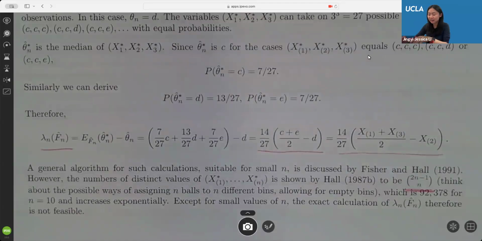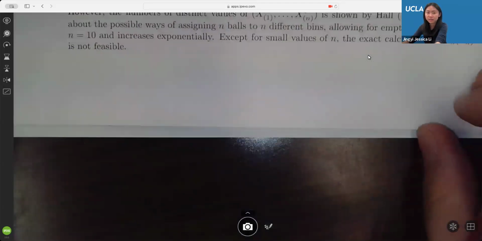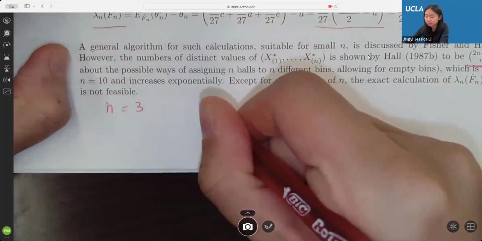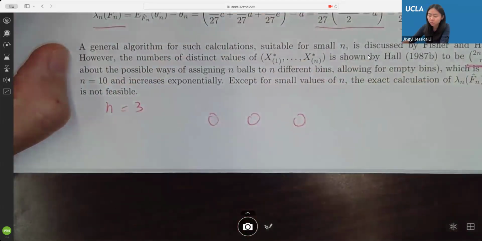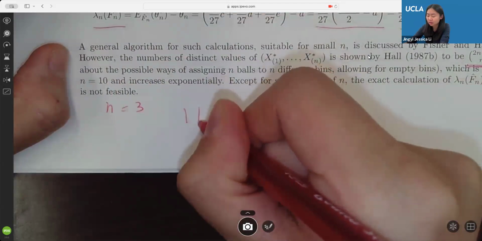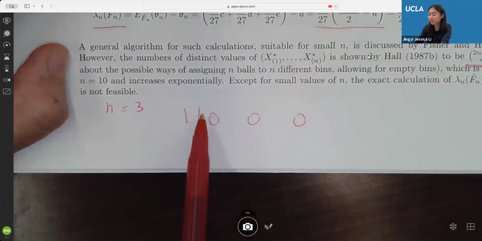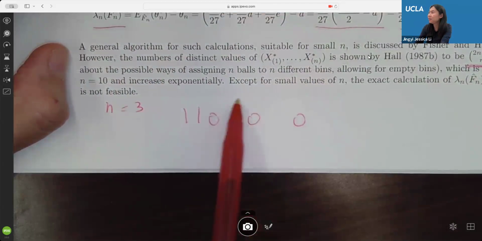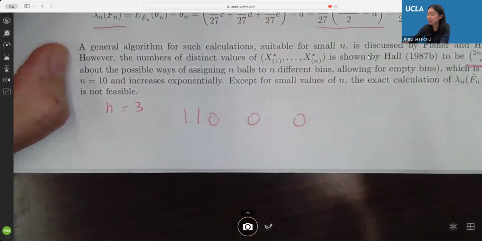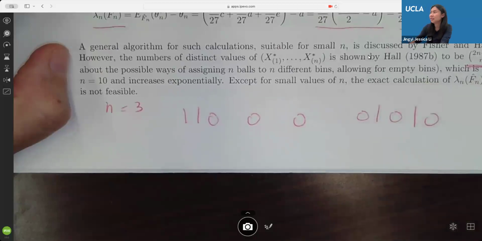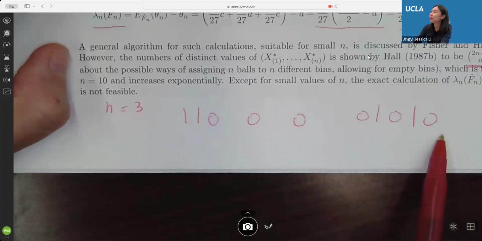Maybe it's easier if I draw an analogy. Say n equals 3. If I set up the 2 bars in this way, it means the first value is not sampled, the second value is not sampled, and the third value is sampled 3 times. If I have this, it means each value is sampled once.